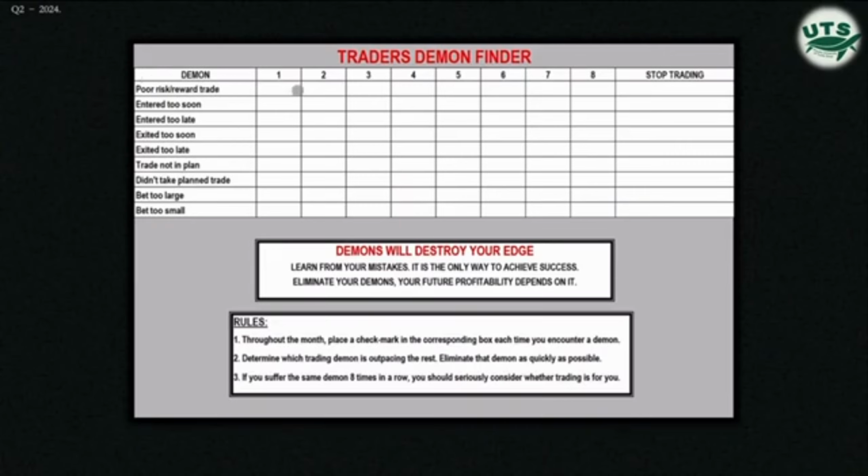I won't explain this. I'll let you read it. All right, simply the mistakes you can commit, how many times you check, how many times you made them, and if you make one specific mistake more than 8 times, then stop trading, right? Bet too large 8 times, probably a common one, stop trading. Study, right? Study the losses.